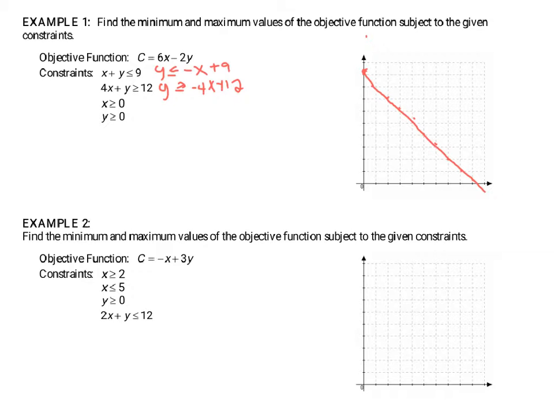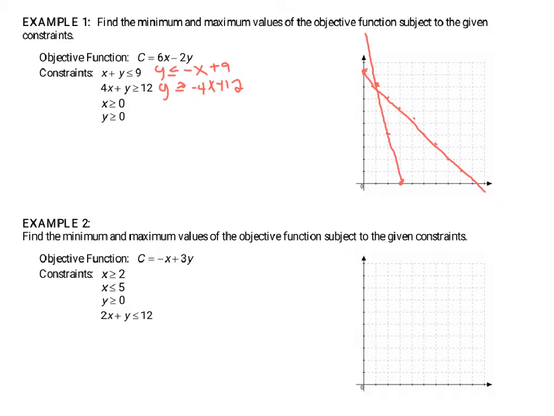It'll be up here somewhere. And it has a slope of negative 4, so I would go down 4 over 1. And I'm going to use those points. You should be using a straight edge to make sure you have straight lines.